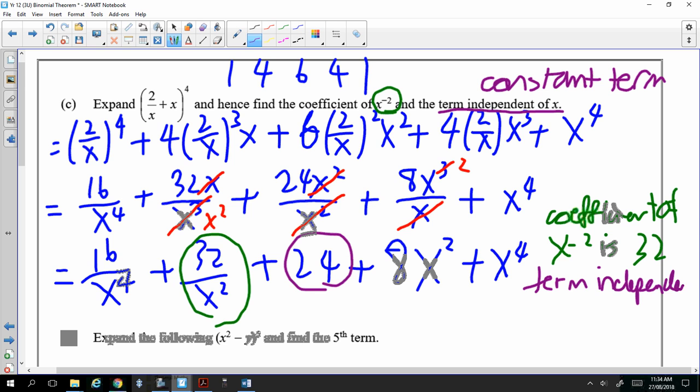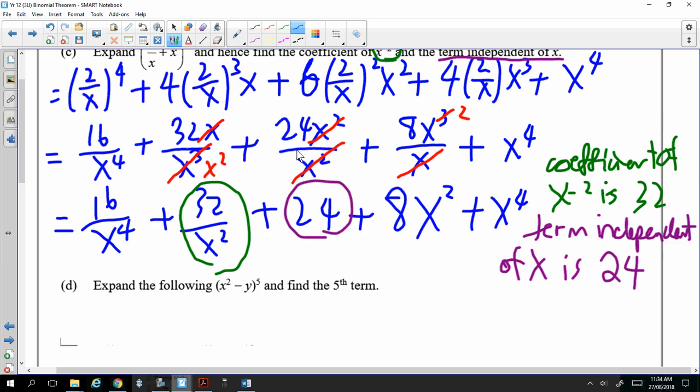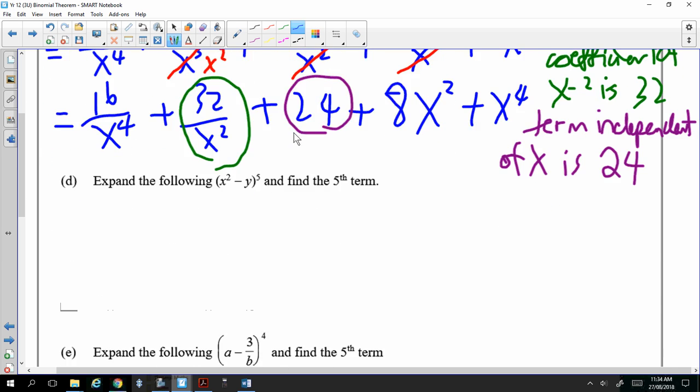Right. We continue to expand. Alright, let's look at D when you're ready. Okay, let's continue. So expand this, so you get (x squared) power of 5 minus y. 1, 5, 10, 10, 5, 1. Okay, good.